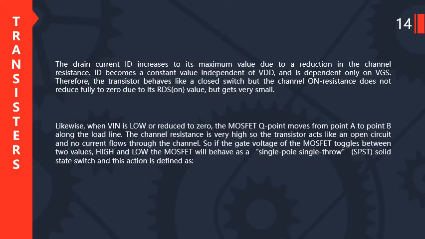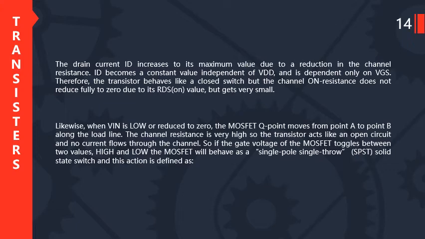Likewise, when Vin is low or reduced to zero, the MOSFET Q point moves from point A to point B along the load line. The channel resistance is very high, so the transistor acts like an open circuit and no current flows through the channel.